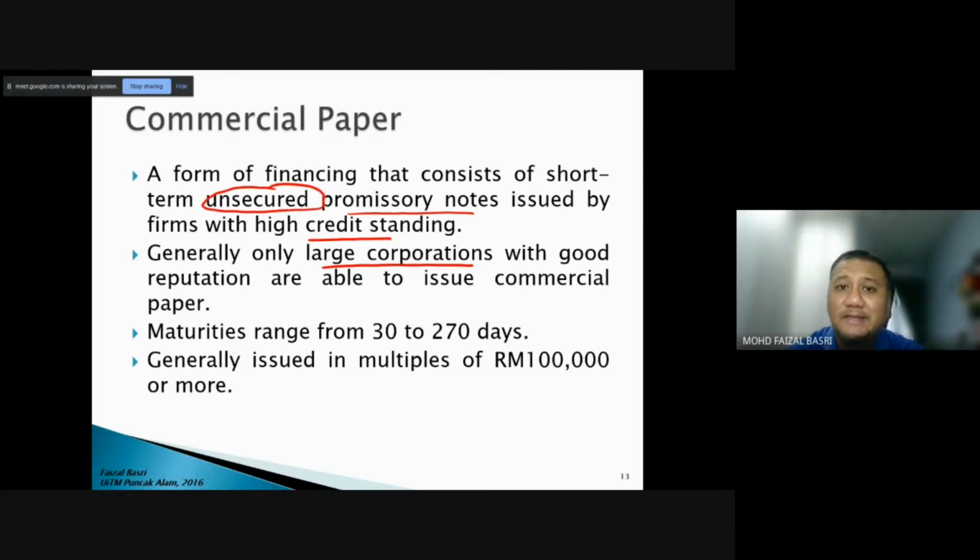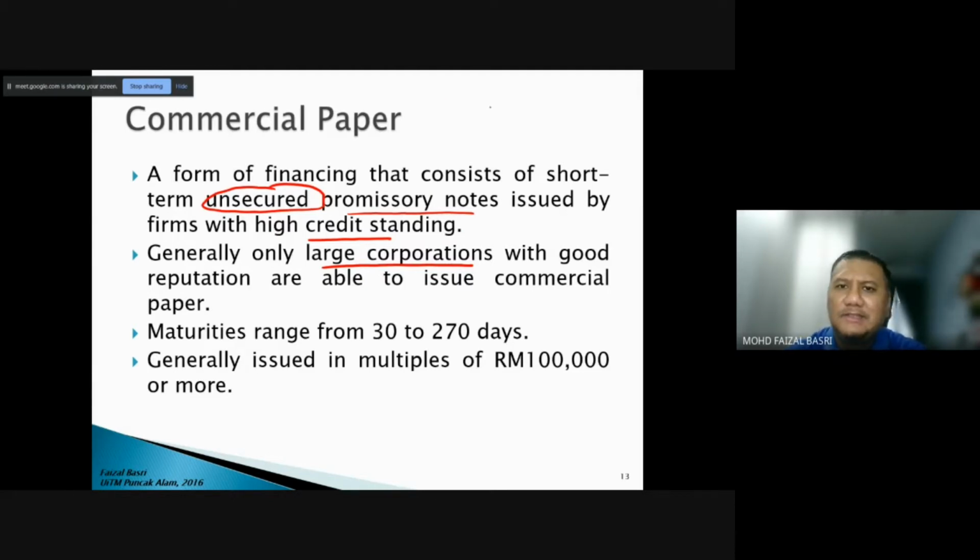So as a buyer of commercial papers, will you buy simply from any company? Obviously not. You are going to buy from companies that are well known and, number one, financially stable. Only then do we have the trust to buy the commercial papers. That's why only large companies with good reputations and good credit standing are able to sell commercial paper.